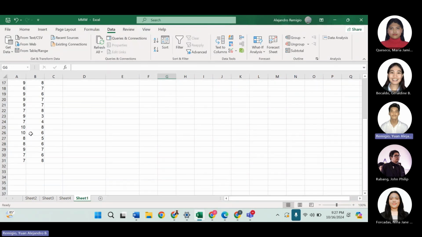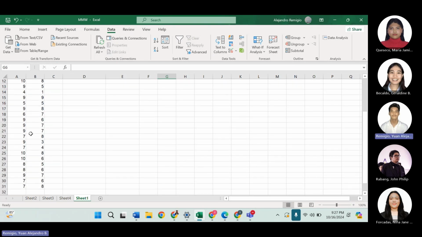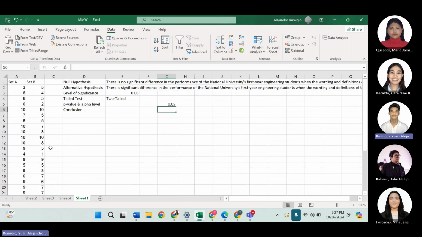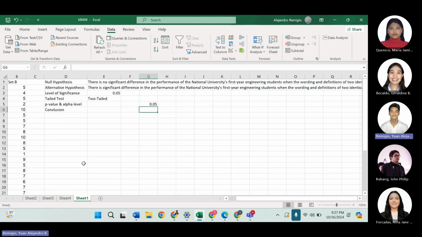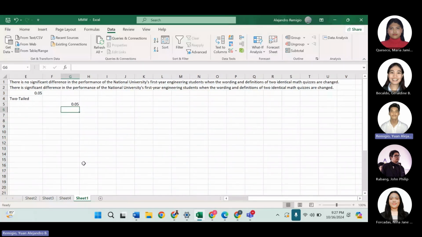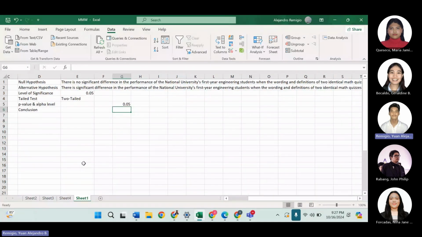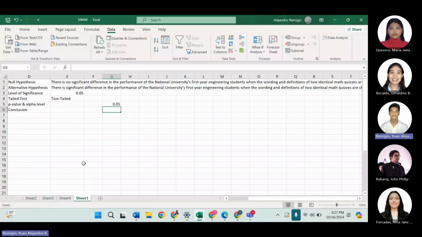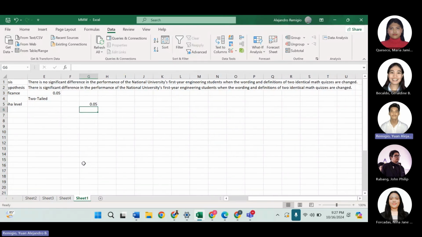And we have here the results, and that's for set A and for set B. And for our null hypothesis, it states that there is no significant difference in the performance of the National University's first-year engineering students when the wording and definitions of two identical math quizzes are changed. And the alternative hypothesis is there is a significant difference in the performance of the National University's first-year engineering students when the wording and definitions of two identical math quizzes are changed.